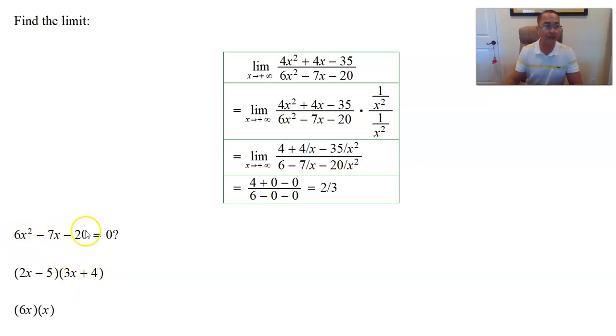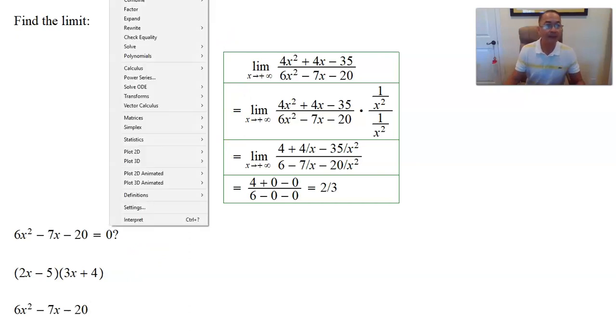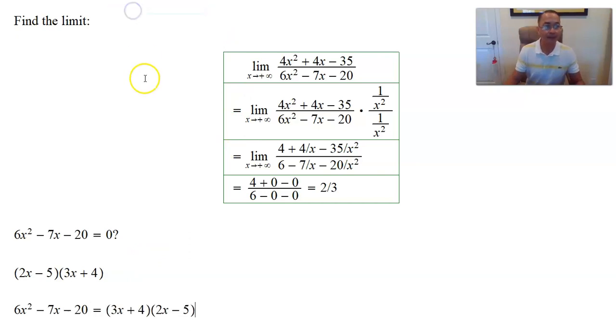And of course we're dealing with Maple over here, so let's compute factor. Aha, 3x plus 4 times 2x minus 5. So our candidates are negative 4/3 and 5/2.